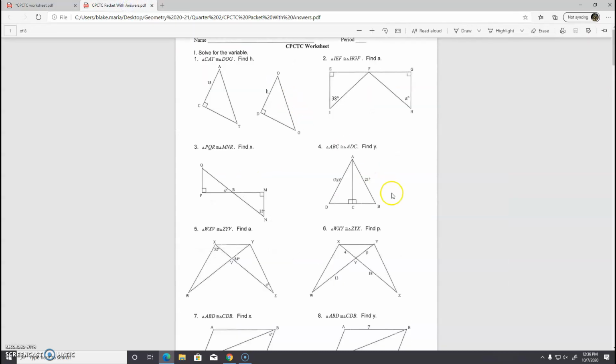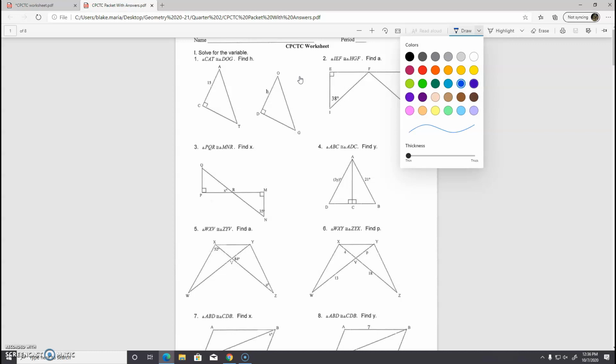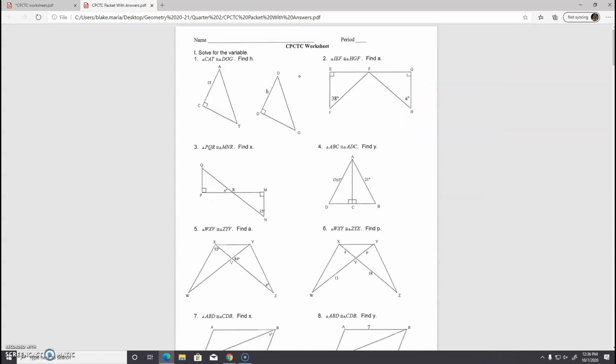Now, what you're going to be working on is this packet. Okay, so it's 3 pages, and they give you a congruent statement. Triangle CAT is congruent to triangle DOG. Find the value of H. So notice H. So it tells you the triangles are congruent. If the triangles are congruent, their parts are congruent.